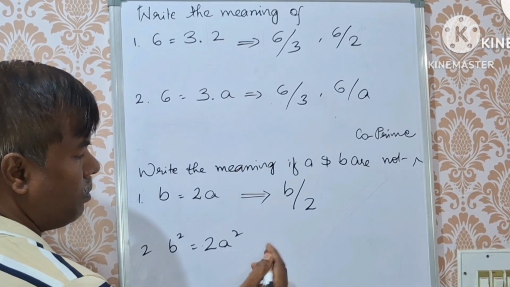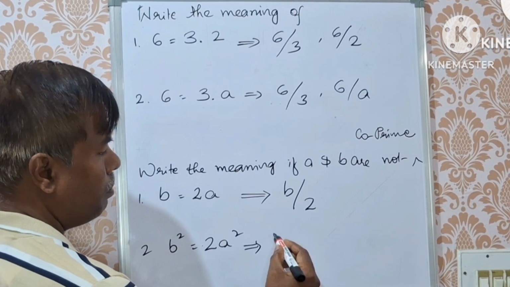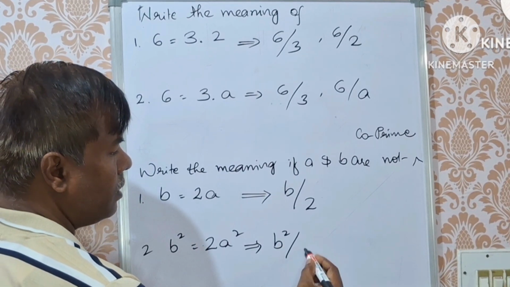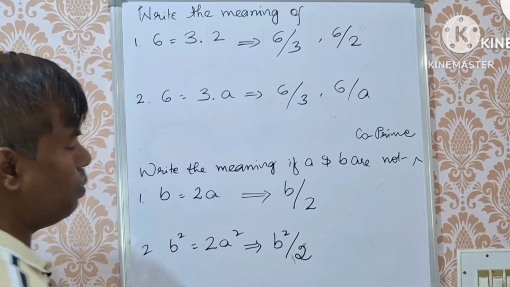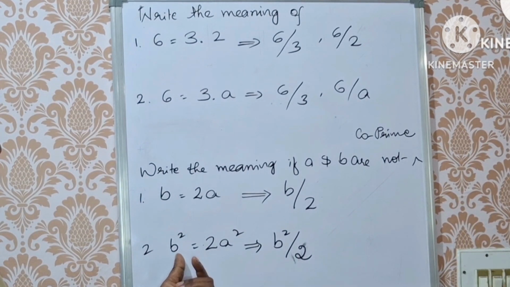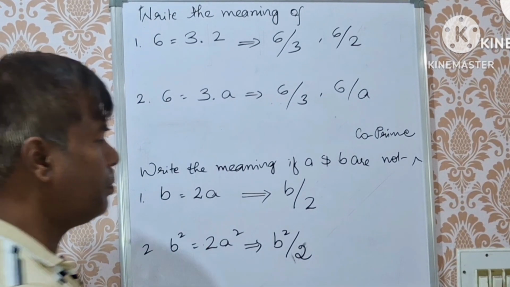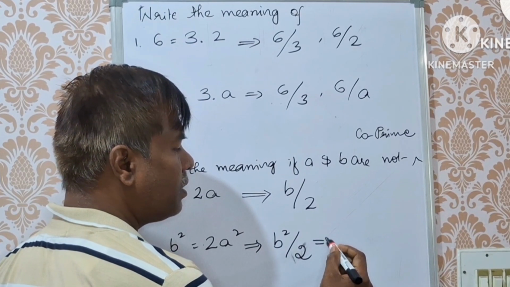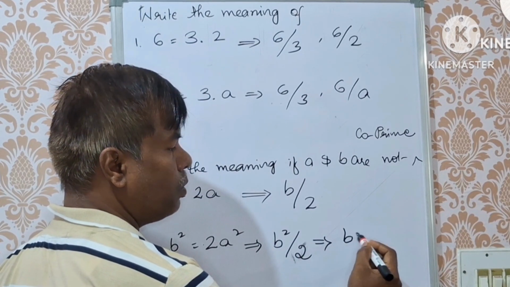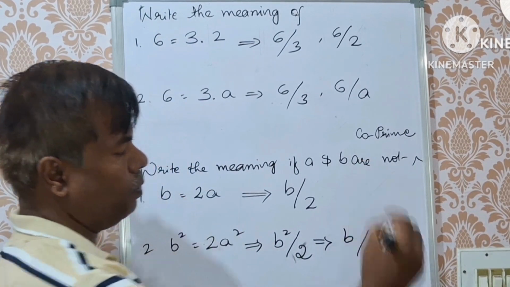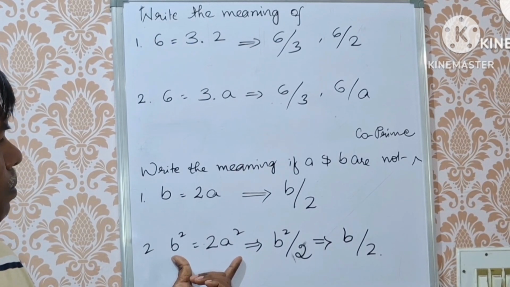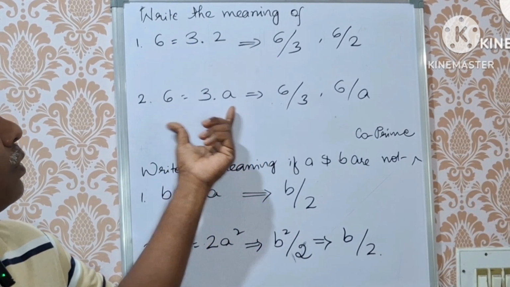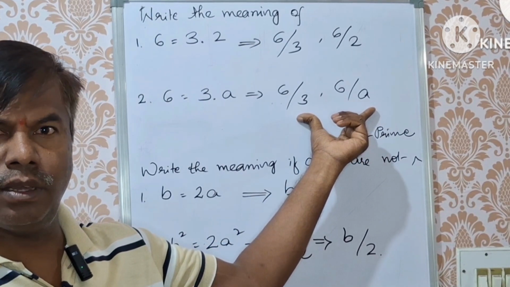If these two are co-prime numbers, it means b square is divided by 2. These two are co-prime numbers. Therefore, this number is divided by this number. Which means when b square is divided by 2, b is also divided by 2. This is the meaning of this, when they are co-prime. When they are not co-prime, this is the meaning of this.